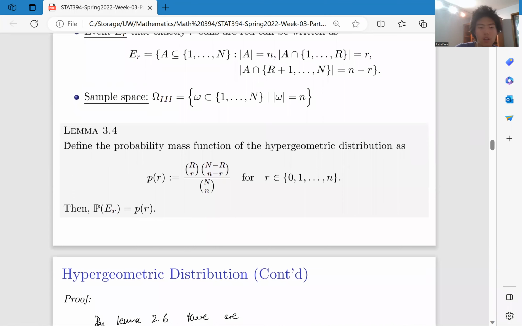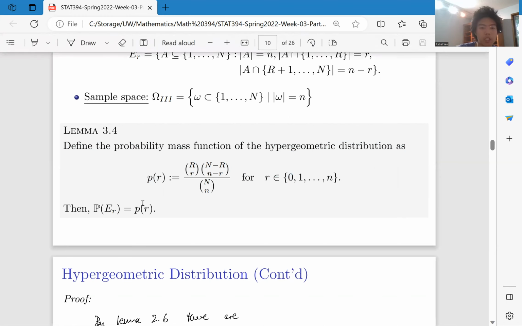And here's the lemma. The probability mass function, or the probability distribution function, of a hypergeometric distribution is p(r) equal to R choose r times N minus R choose n minus r, divided by N choose n, for any r inside the set 0 to n.